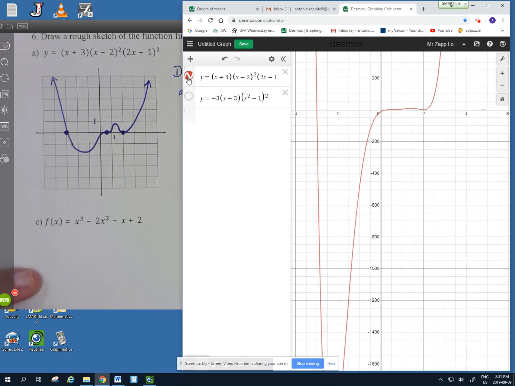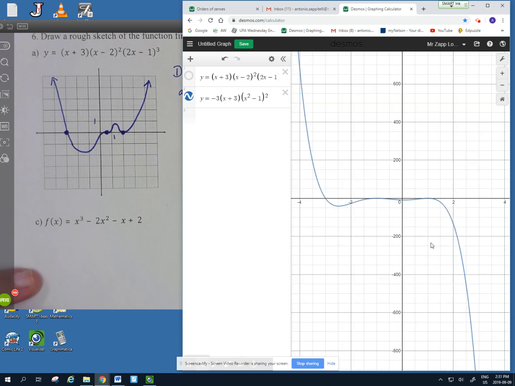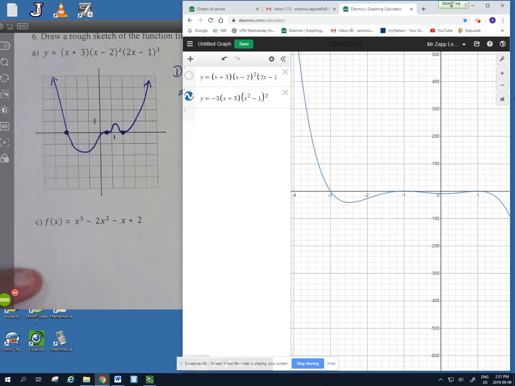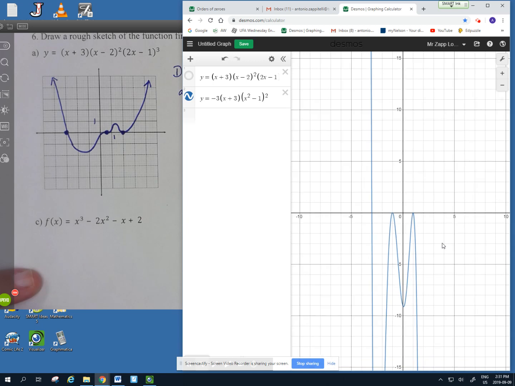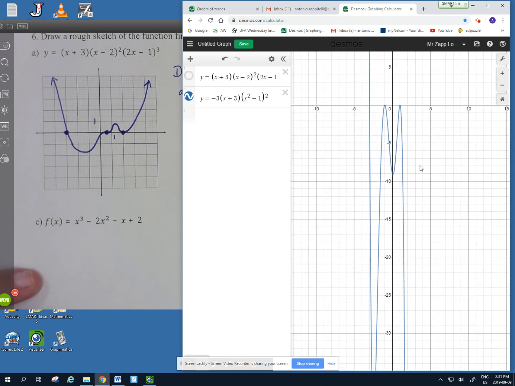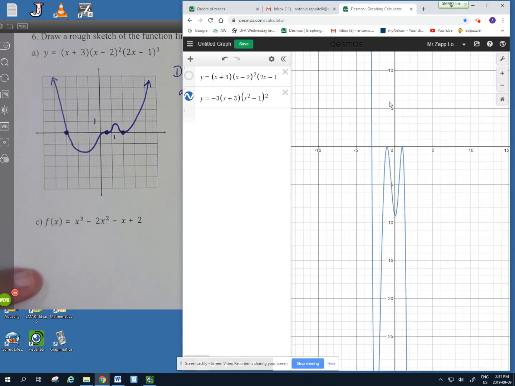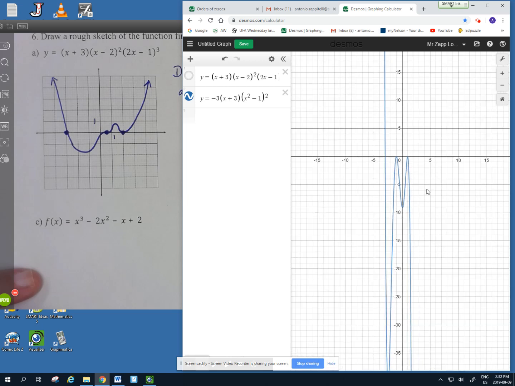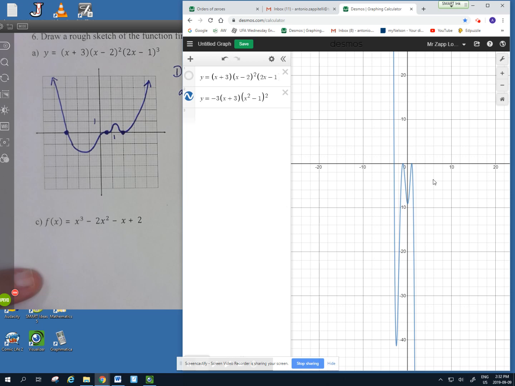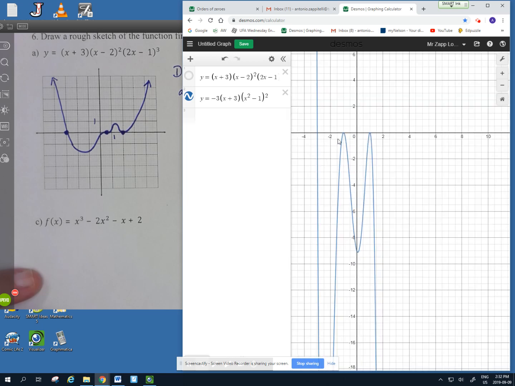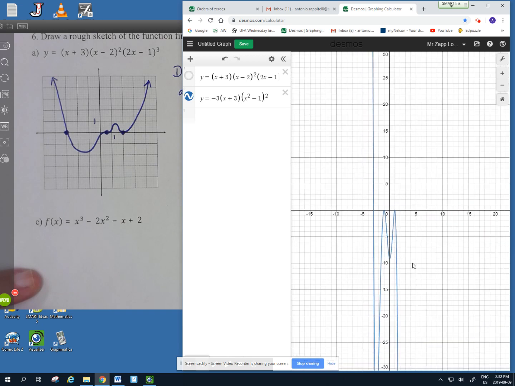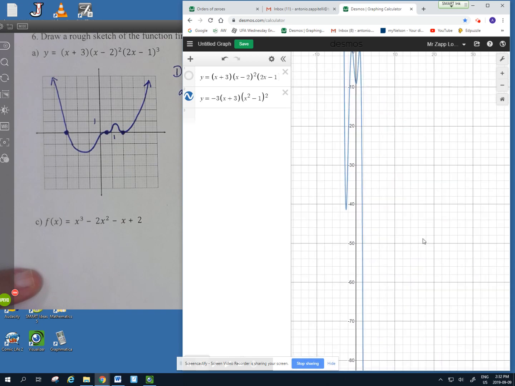Okay. And let's take a look at the second one here. So again, let's zoom in a bit. We can use this view here. We see that it comes from positive infinity, goes through at -3, comes back up, and then bounces off the x-axis at -1 and 1, and then goes off to negative infinity.